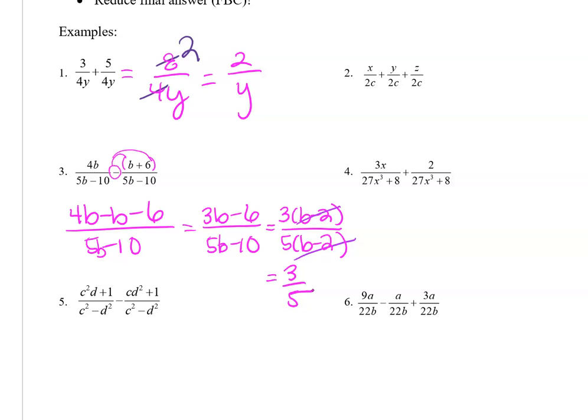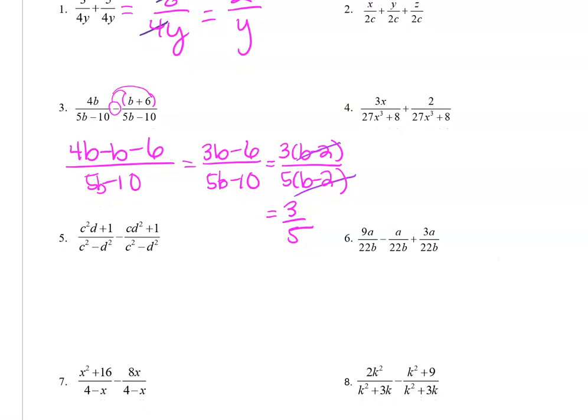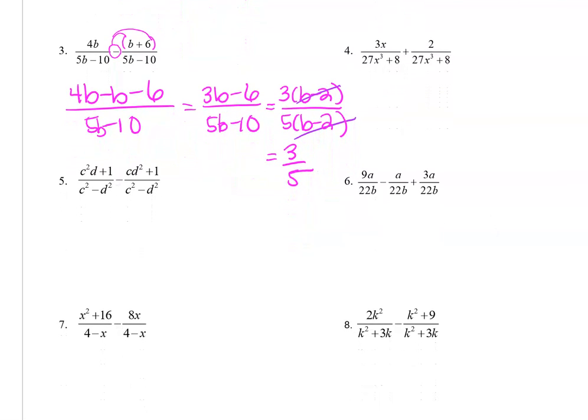Okay. I can do, scrolling on down, something like 5, where I'm again distributing that negative all the way through. And then I'm actually going to clean that up before I even go further to write the whole fraction. +1, -1, those will disappear.